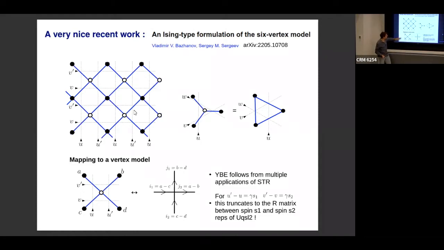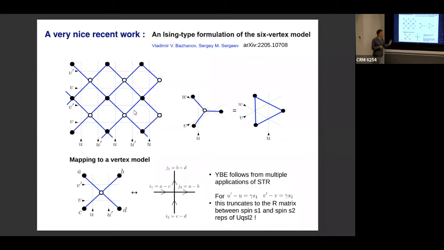But what these guys show is that if you now constrain the spectral parameters, so impose some relation between u and u prime incoming here and v and v prime incoming here, then you're able to truncate the R matrix. So you're able to truncate these indices into living in some finite sets. And what you recover is the R matrix of U_q(sl2), so some higher spin XXZ, higher spin 6-vertex R matrix, interpolating between two integer or half integer spin representations.